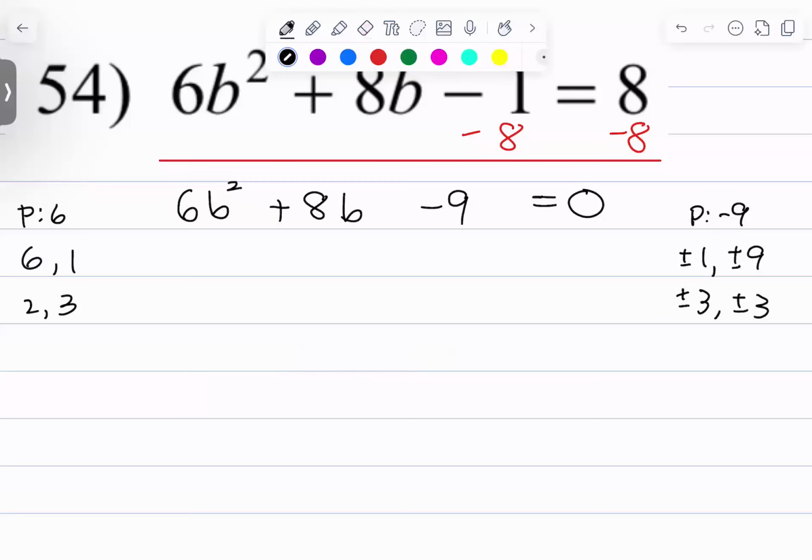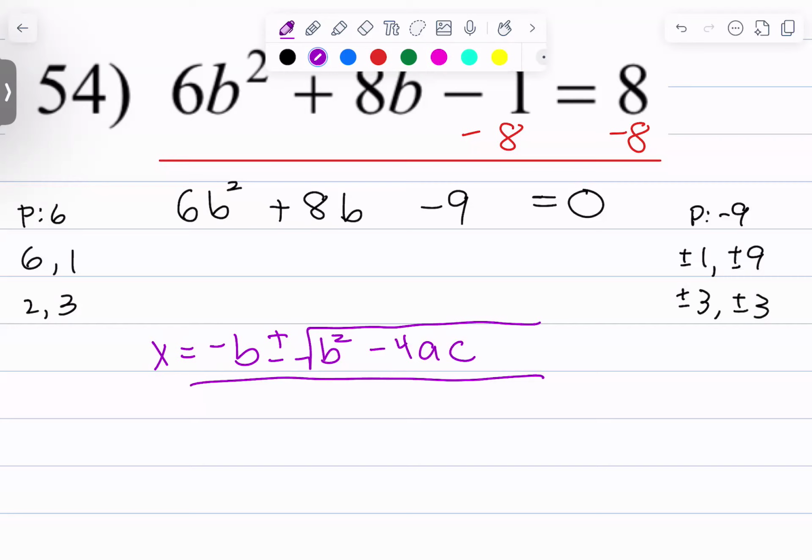It's okay if it doesn't work, because I always have my x equals negative b plus or minus square root of b squared minus 4ac all over 2a.